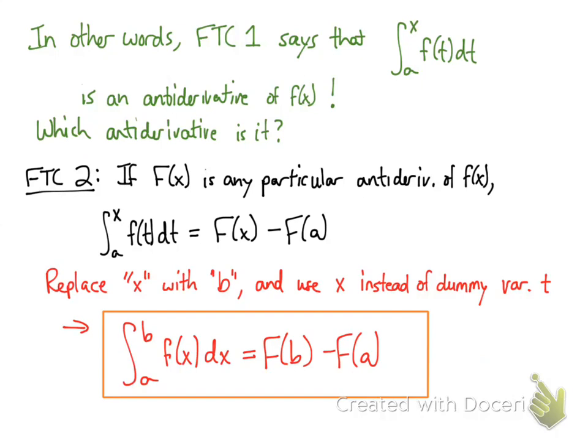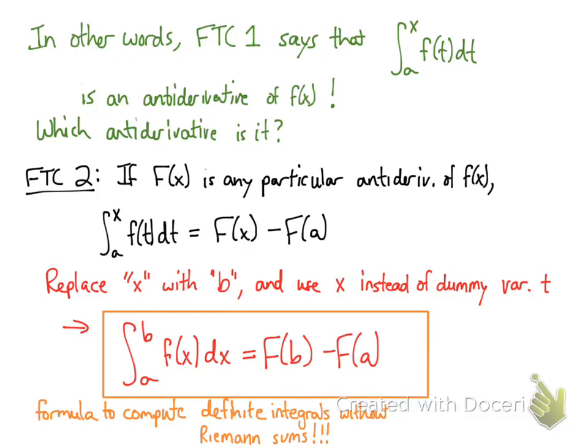That is, to compute a definite integral, all you need to do is find an antiderivative and plug in the two endpoints of the integration, a and b, and subtract them, which is wonderful. This is a formula that lets you compute definite integrals without having to deal with Riemann sums.